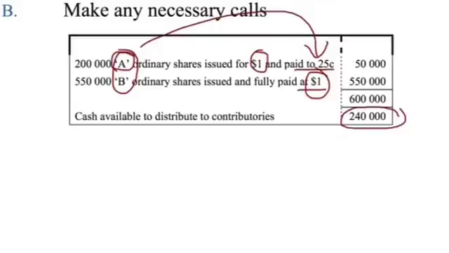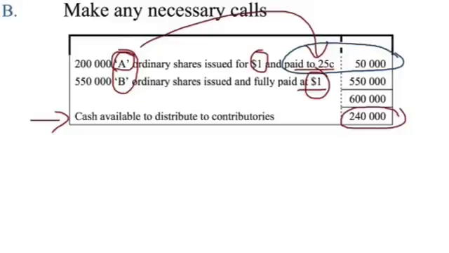From the liquidation process, we see that we've got cash available of $240,000. Now, theoretically, we have more cash available for distribution if we take into consideration the liability of the A ordinary shareholders.